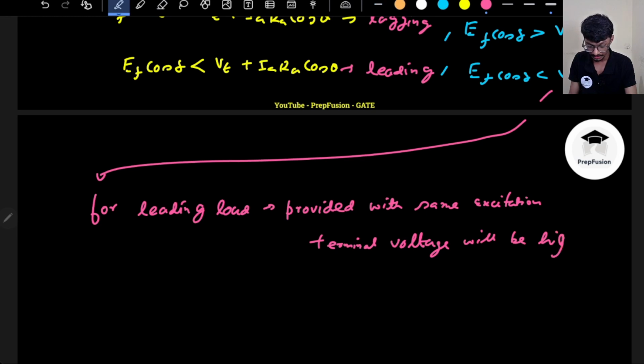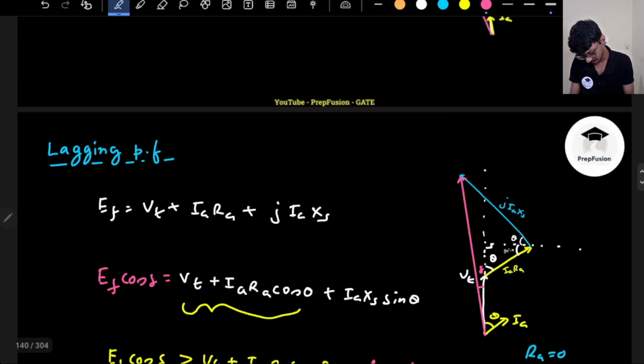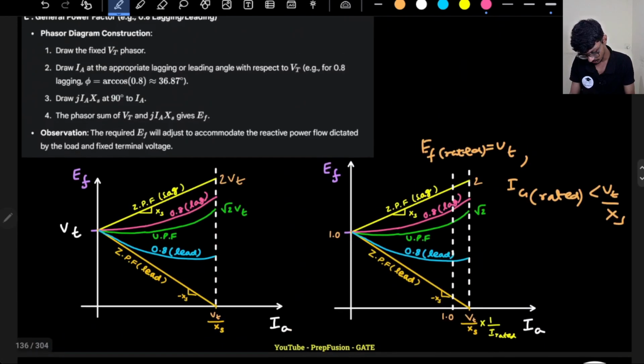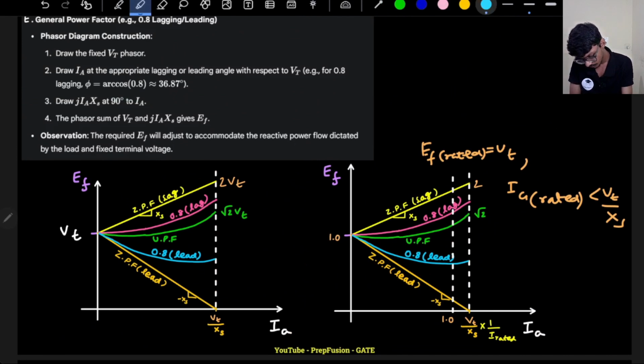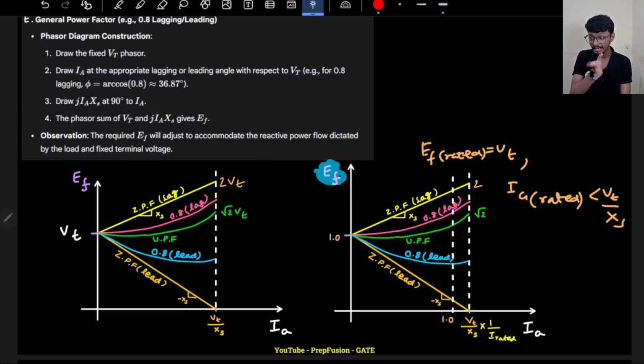Okay, please don't get confused by this graph. I know you will get confused by this graph. You will say, sir, here you are saying leading load voltage is going low, and there you are saying high. What is this? Is this Vt? No, this is Ef. So I am saying I require less excitation to provide the same terminal voltage.